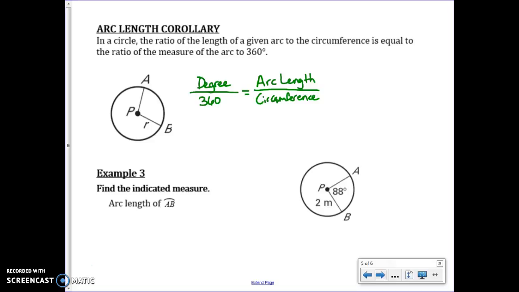Notice the top part of that ratio is the part of the circle. The bottom part is the whole thing. 360 degrees is all the way around. Circumference is all the way around.